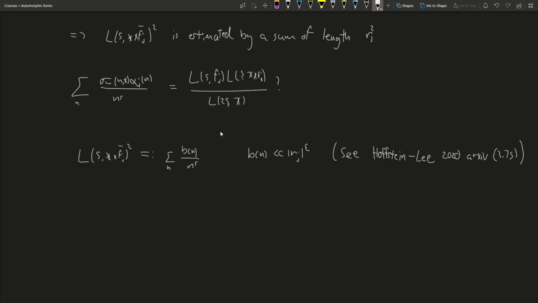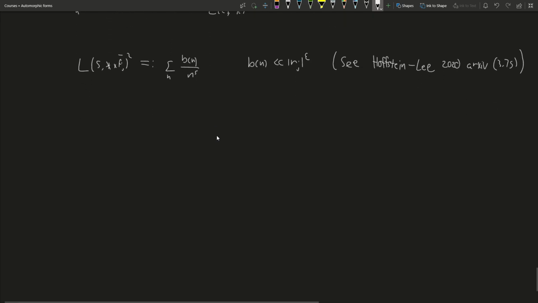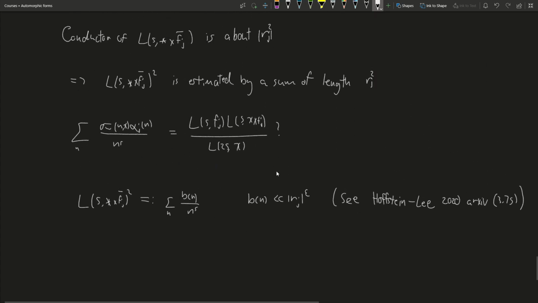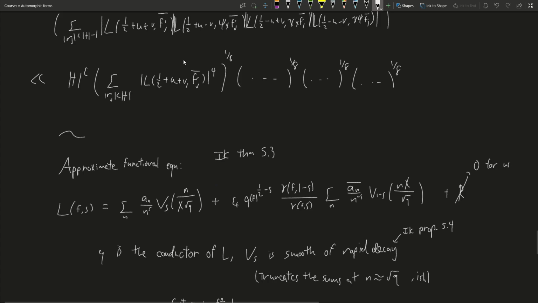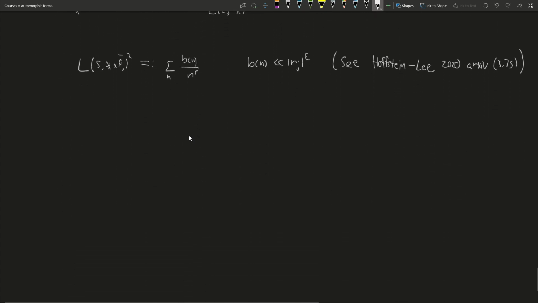And now the key idea is, so taking all of this together, we're basically applying the approximate functional equation to this term.